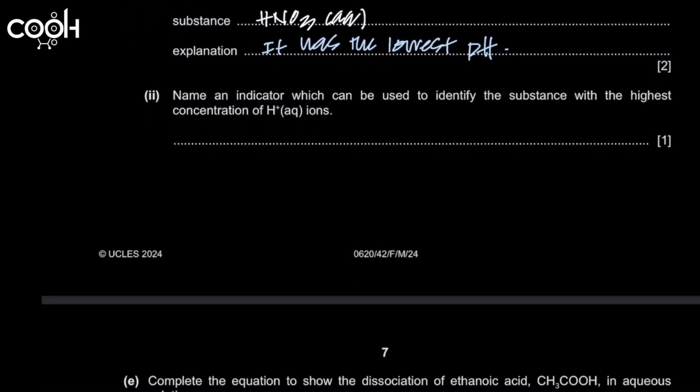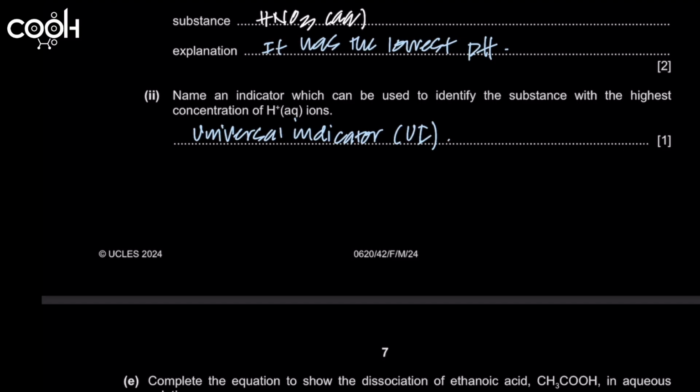It says name an indicator which can be used to identify the substance with the highest concentration of H plus ions. Which indicator do we use? We use universal indicator, which you could also represent with UI. Some of you might think, sir, why can't we use a simple indicator like methyl orange or thymolphthalein? The reasons for that you learn later on in A levels.